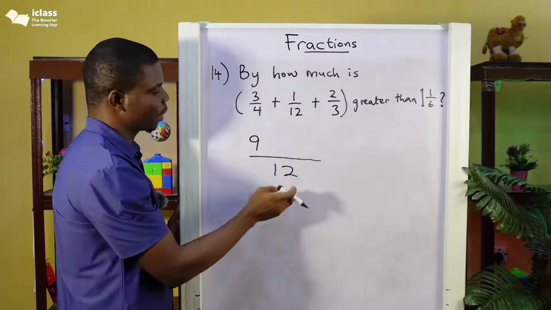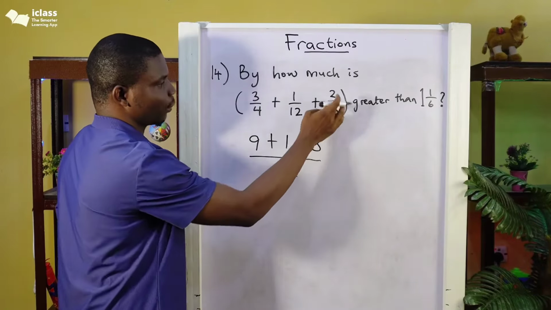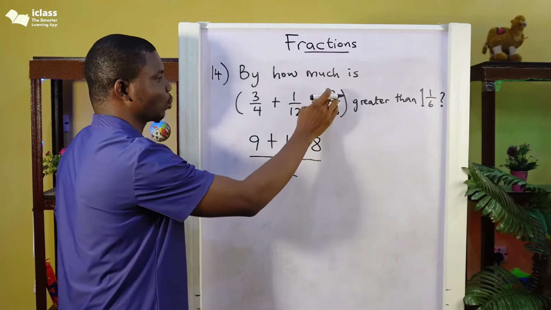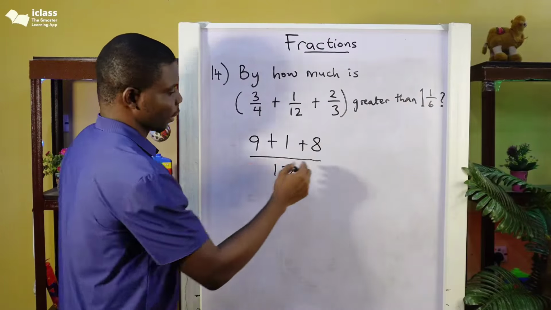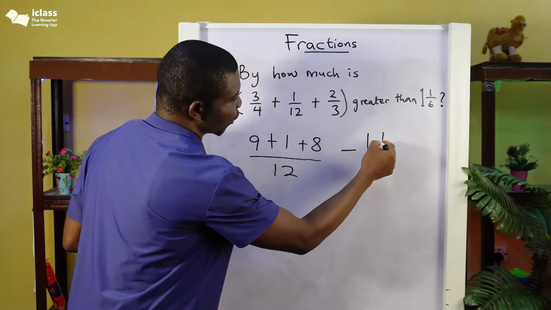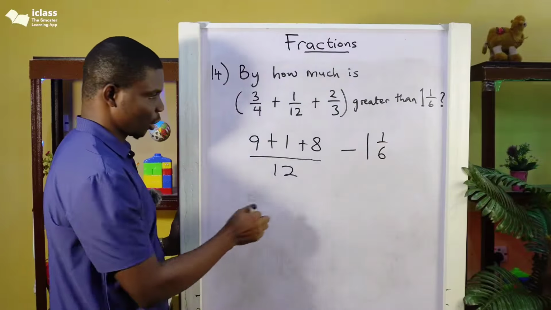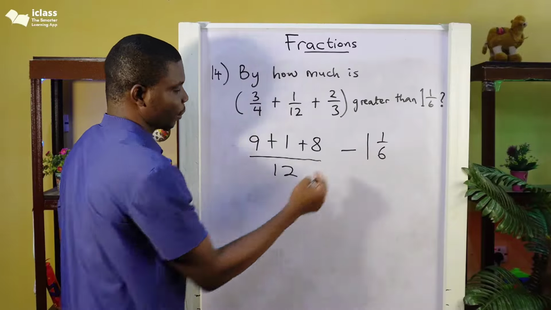Plus 12 divided by 3 is 4, times 2 is 8. So you see 8 over 12 is the equivalent fraction of 2 over 3. Very well. So this will now subtract 1 whole number 1 over 6. So whatever we get here, we'll now subtract this from it.